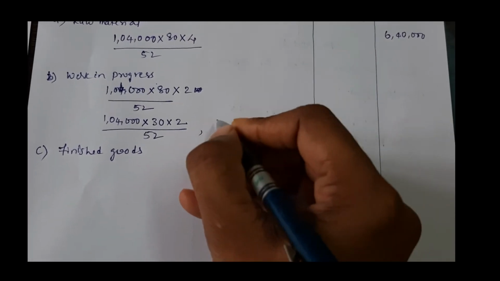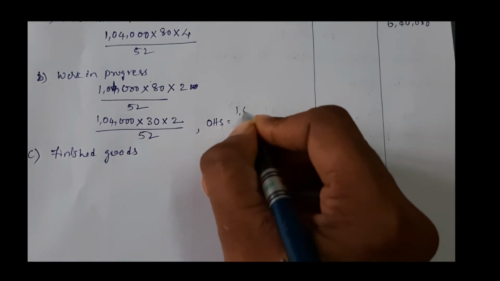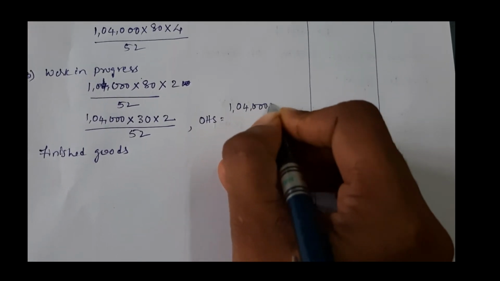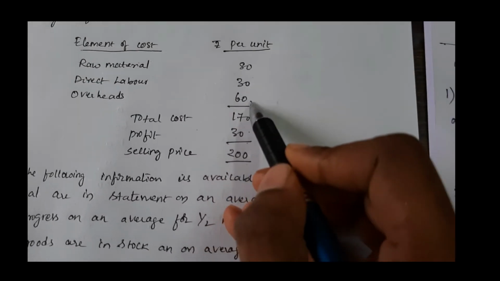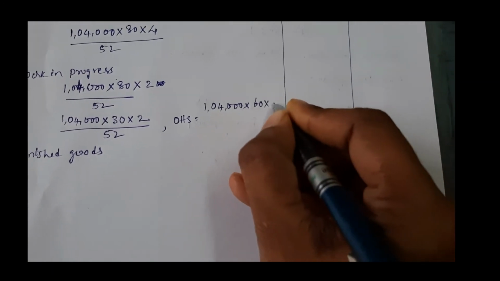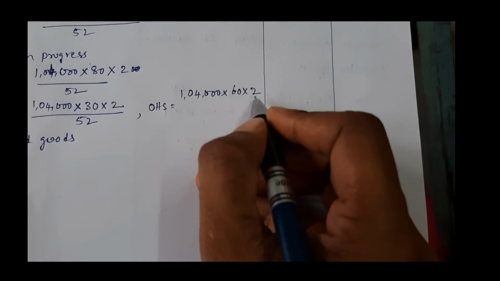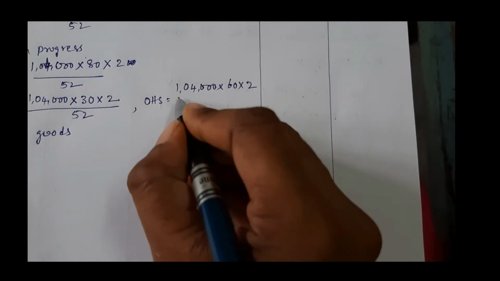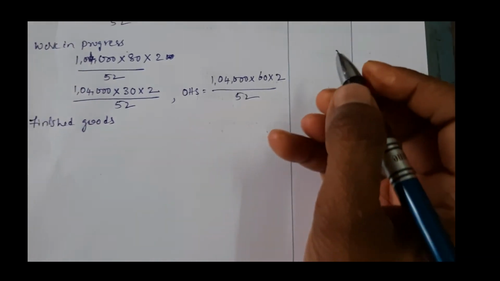Then we have to write for the overheads. Number of units produced are 1,04,000 into overhead cost is rupees 60. So cost per unit is 60, and work in progress stock will be held for a period of 2 weeks. So into 2 divided by 52.